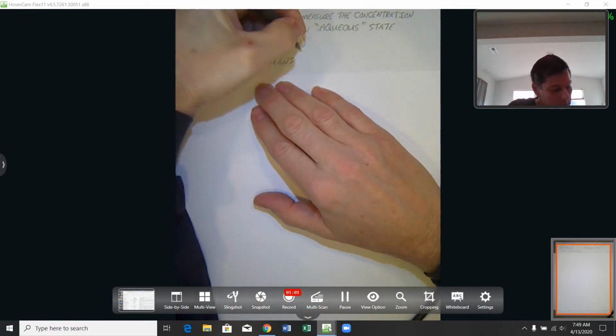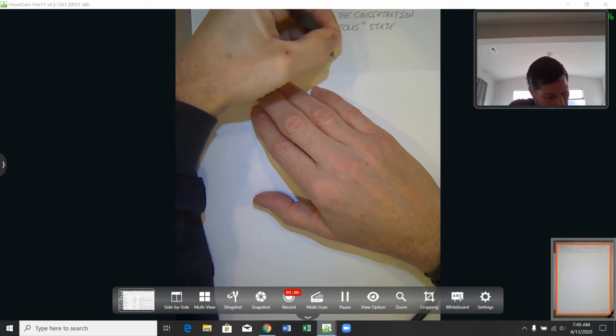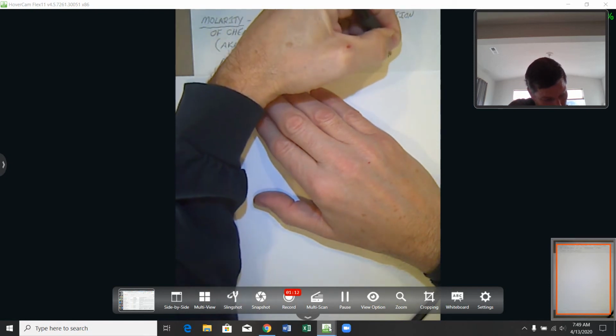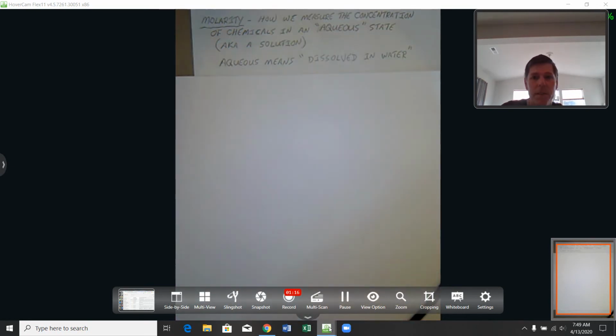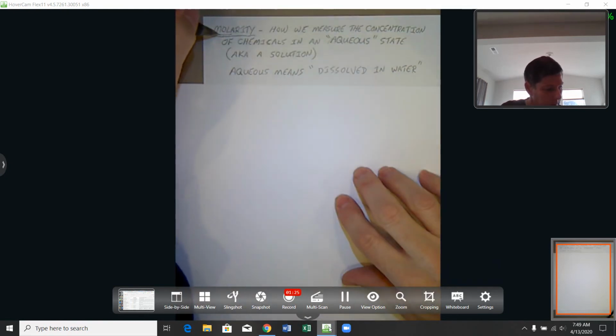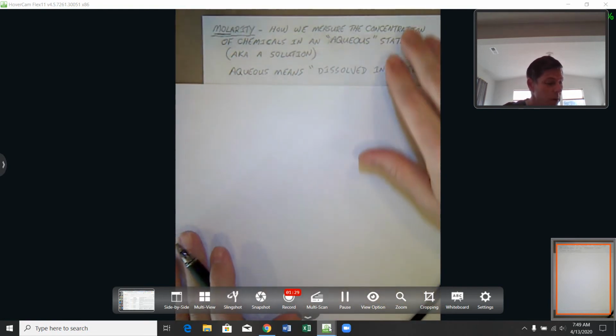So aqueous simply means dissolved in water. So what's going to be dissolved in water? Well, let's go back to the name. Molarity, mole. So we're going to be talking about moles, measurements of substances dissolved in water.